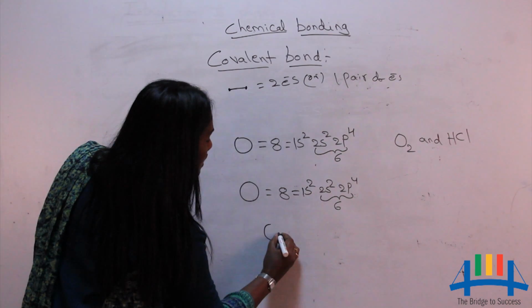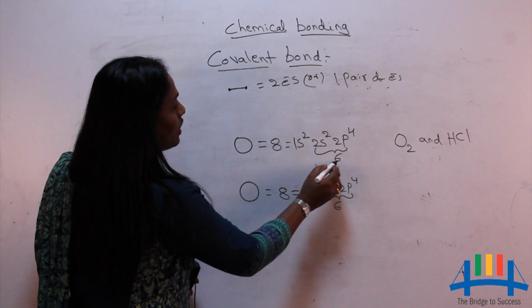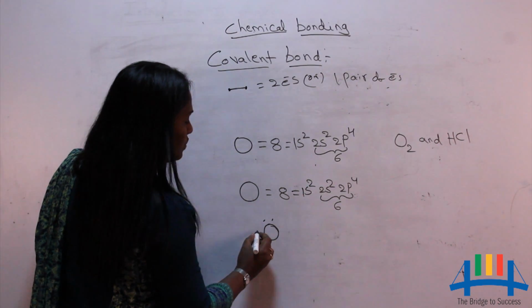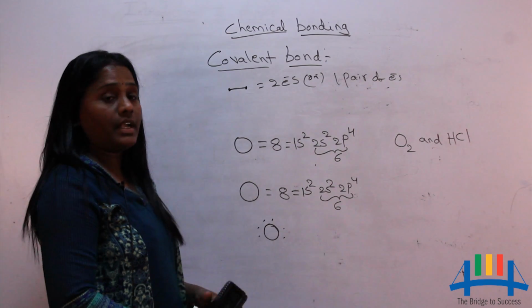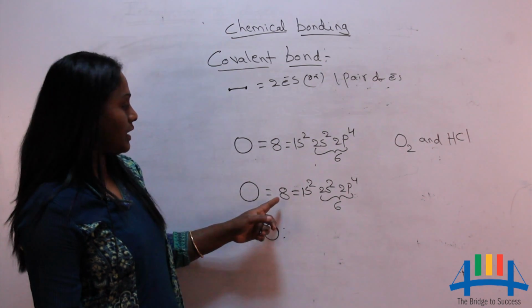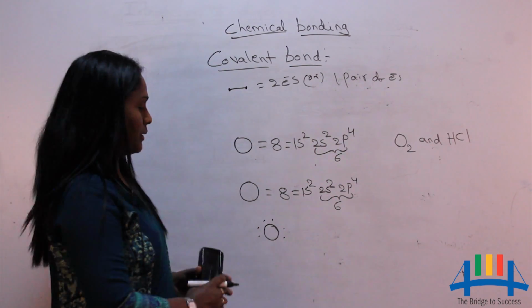Now represent the Lewis dot structure of oxygen. Here the valence electrons are 6: 1 2 3 4 5 and 6. Now find its nearest noble gas. Oxygen is 8 and its nearest noble gas is 10, that is neon.